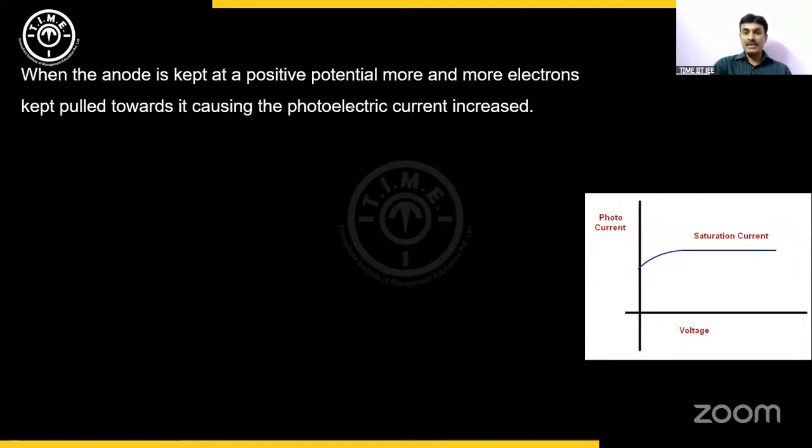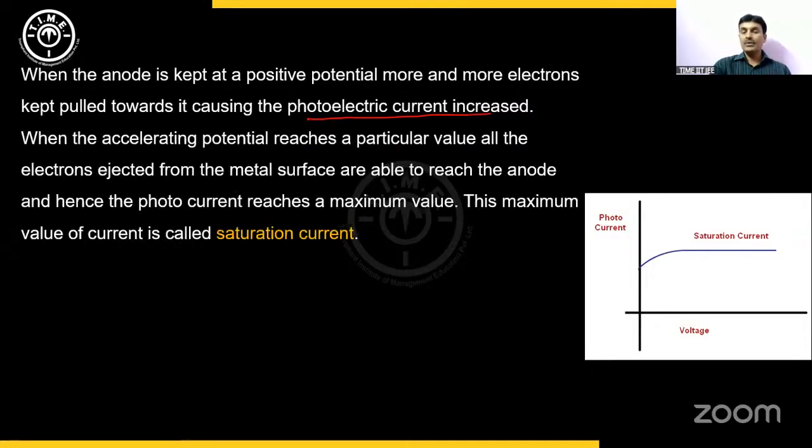When the anode is kept at positive potential, more and more electrons get pulled towards this anode, causing an increase in the photoelectric current. After a particular value of this accelerating potential, there is no further increase in the current because all the released electrons are collected by the anode. So the current reaches a saturation value, a constant value.